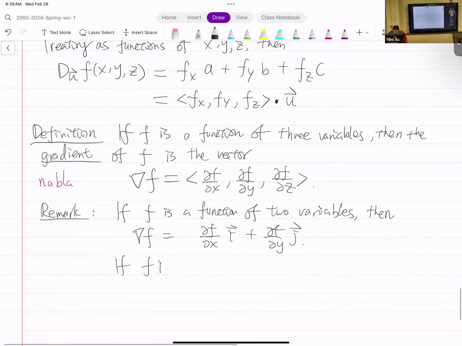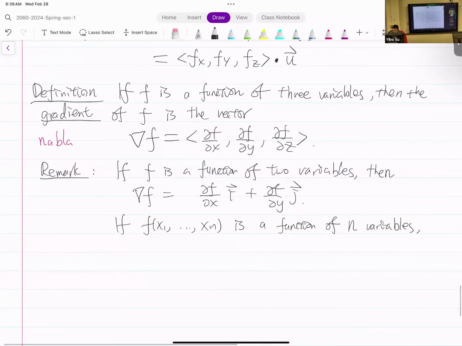And if f is having n variables, if we have f of x1 all up to xn is a function of n variables, then the same idea, right?